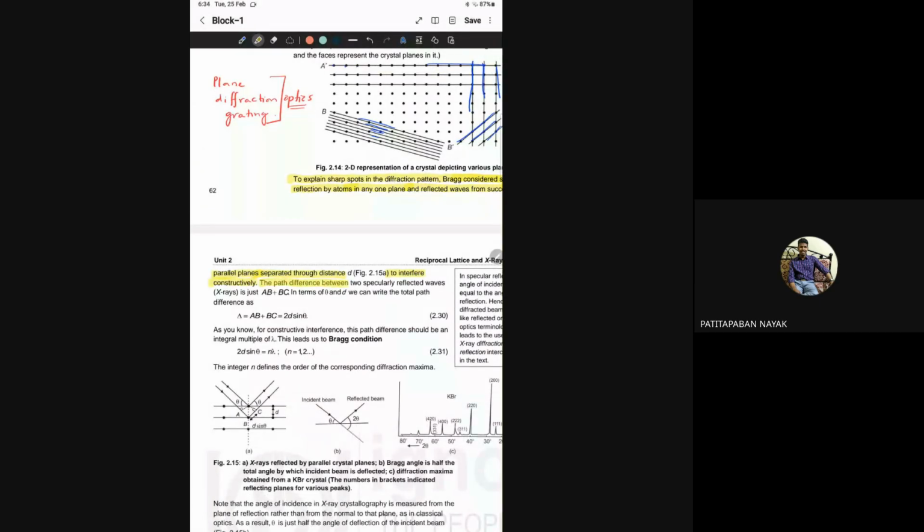The path difference between the two specular reflected waves in X-rays is AB plus BC.